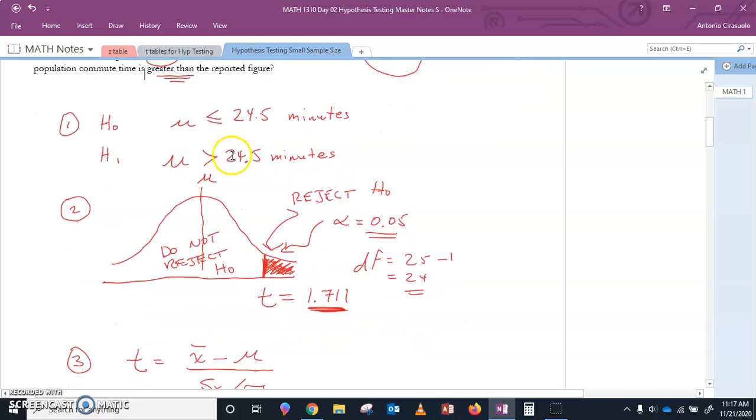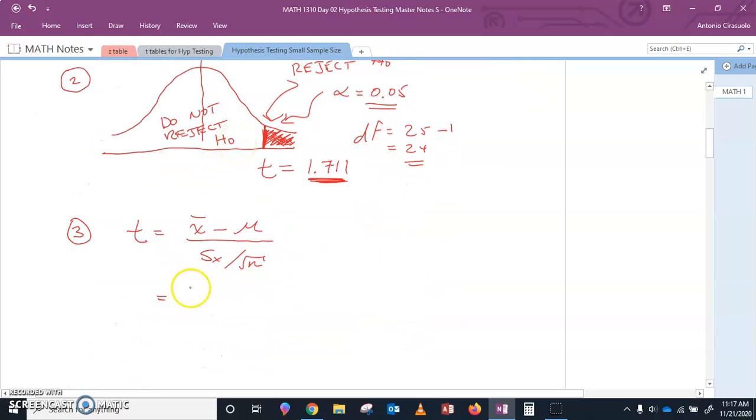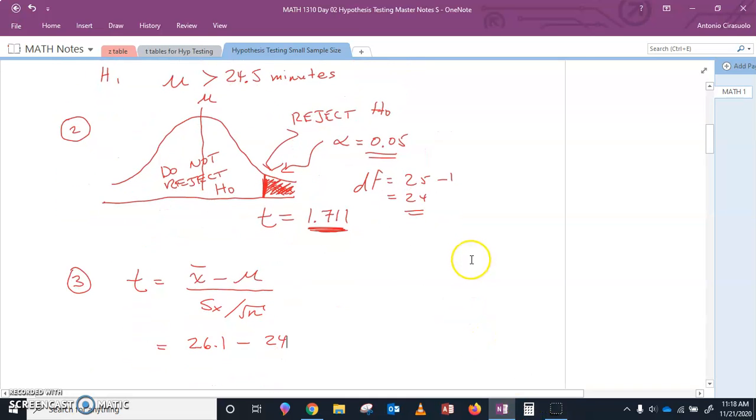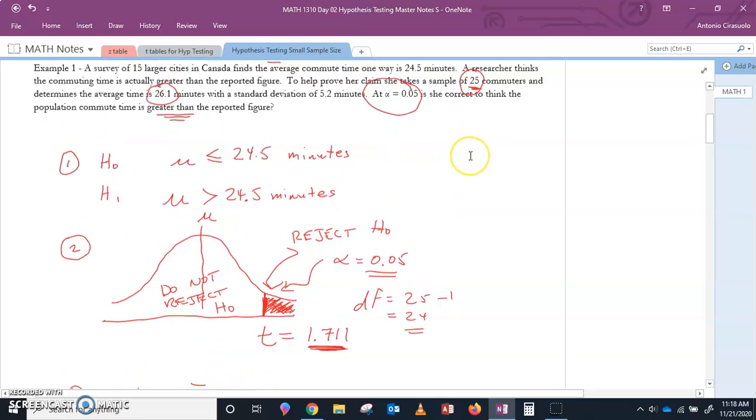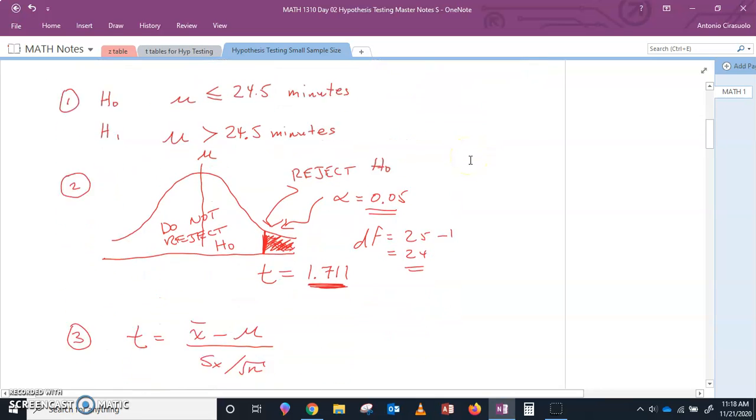So 26.1 is the sample, and our claim was 24.5 minutes. So the claim was that the mean commute time was 24.5 minutes. And then the standard deviation from our sample was 5.2 minutes.